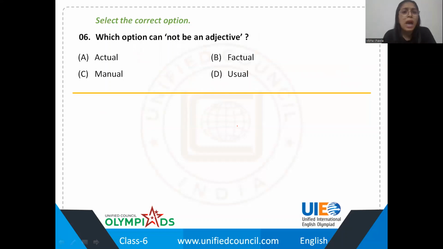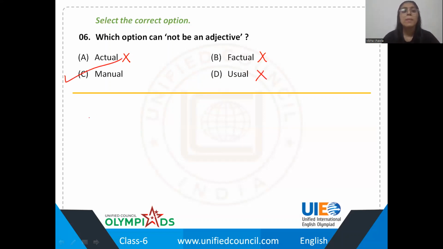Okay, in the next one we have to tell which option cannot be an adjective. It means you have to pick a word which at some point cannot be an adjective. It can be some other part of speech. If I talk about actual, factual, and usual, all these three words are only and only adjectives.